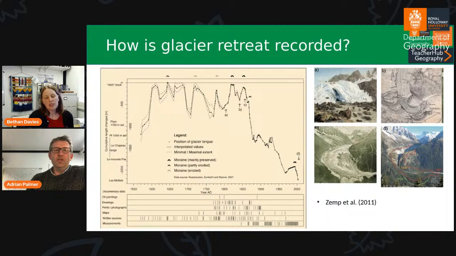Yeah. Let's talk a little bit about moraines, because these things work well in places like Mer de Glace or perhaps Alaska, where we've got large scale populations and a long written record. But what about some of the perhaps more remote parts of the world where we don't have these kinds of records? I mean, should we talk a little bit about what kind of methods we can use there?